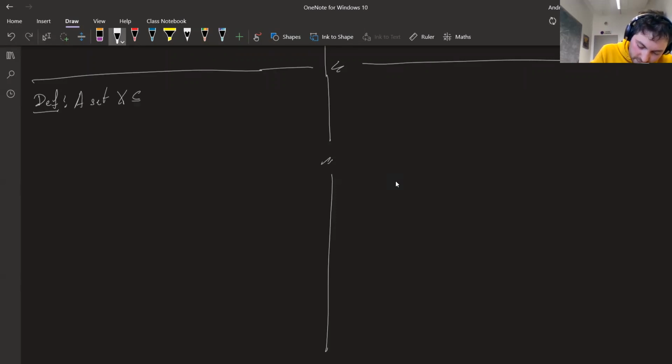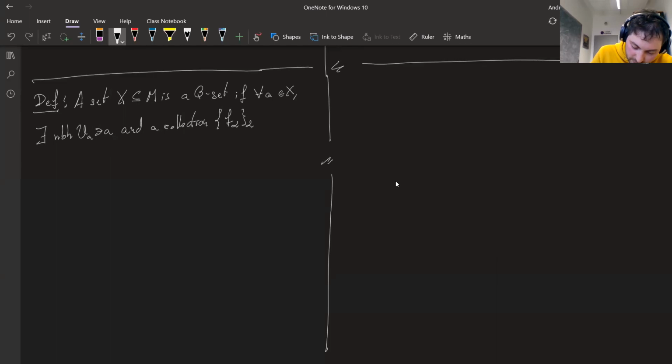A set X in M is a Q set, so quasianalytic set, if for every point A in X, there exists a neighborhood U of A and a collection F alpha, where alpha is in some index set A, of Q functions in this open set, such that the intersection of X with this neighborhood is given by the zero locus of this collection.